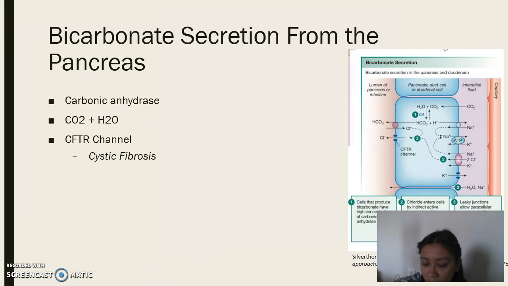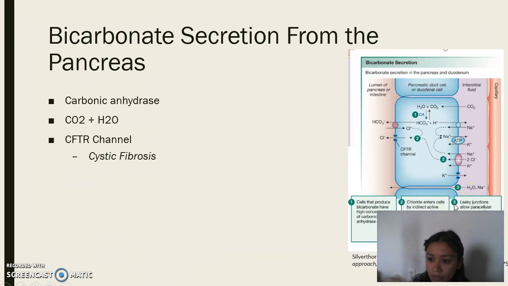But it's important also to mention that in the pancreas and the intestinal crypts, sodium and water secretion is passive, and this is actually driven by osmotic gradients, and it's right here.